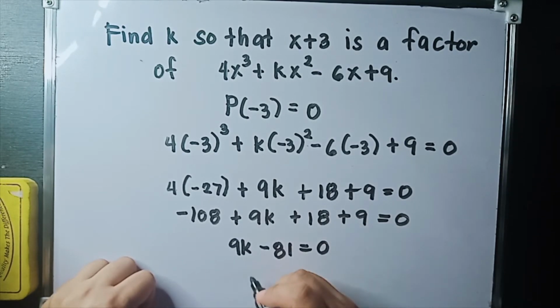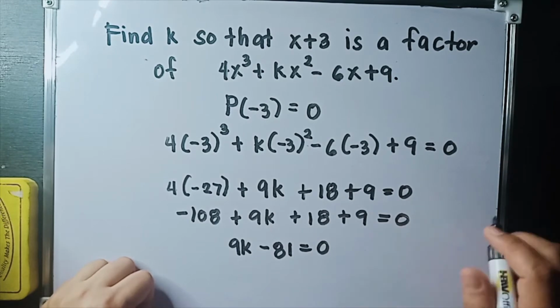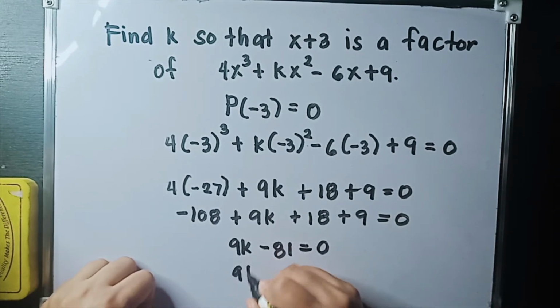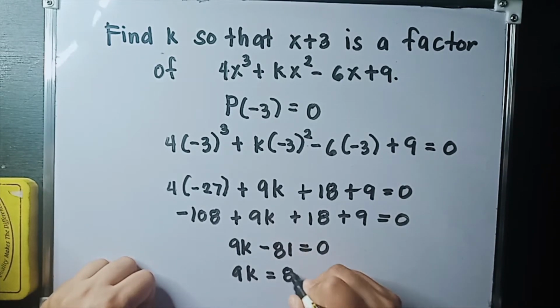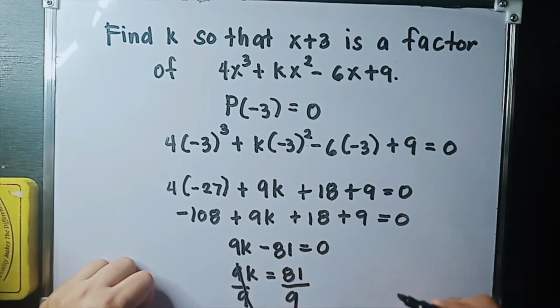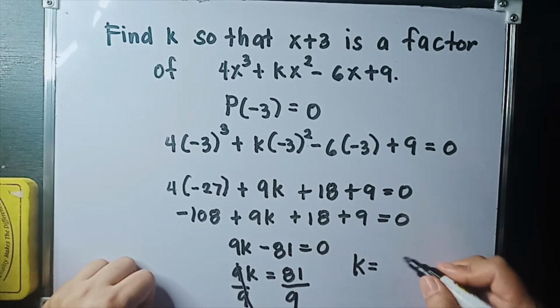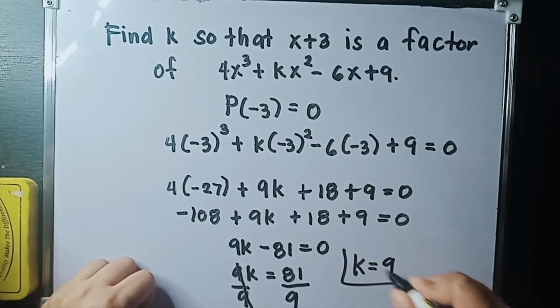And then, we transfer the negative 81 to the right side of the equation. That's why we have 9k equals 81. And then, we divide both sides by 9. And then we cancel. So, the value of k is equal to 9.